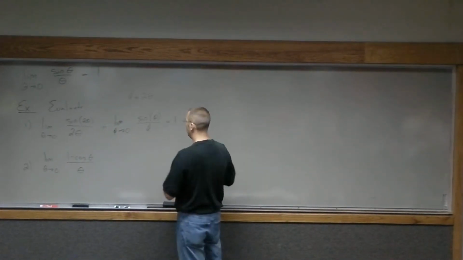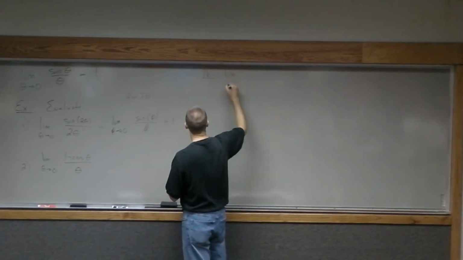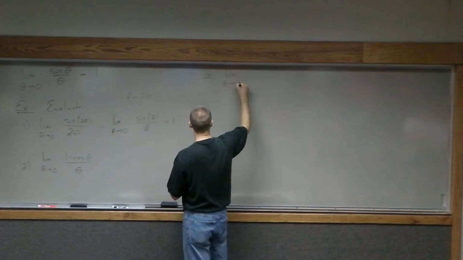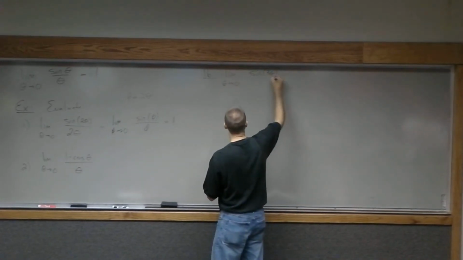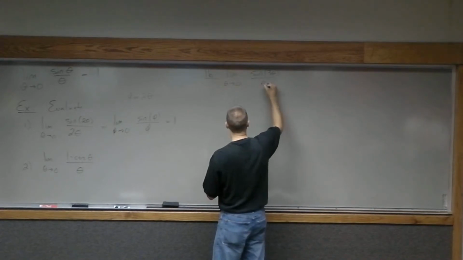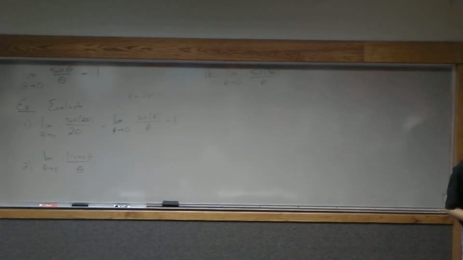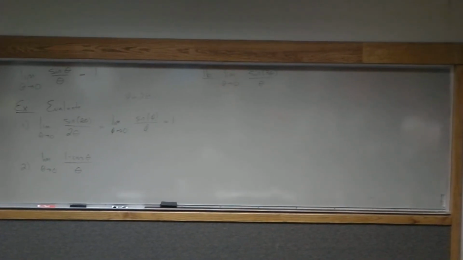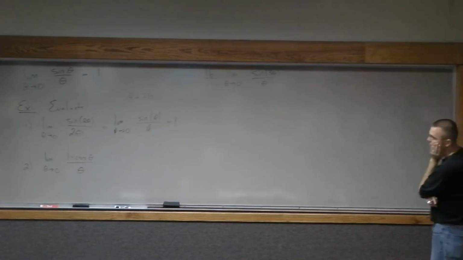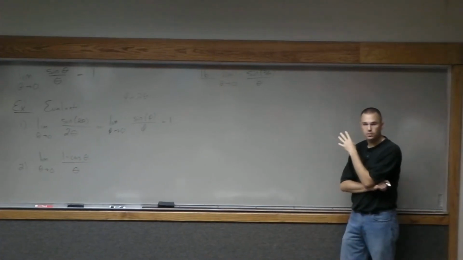Before we get to number 2, let's do a 1b. Let's look at this limit: the limit as theta goes to 0 of sine of 3 theta divided by theta. Now, we look at this limit for a minute and compare it with what we've been doing. It looks similar, but there are some subtle differences.